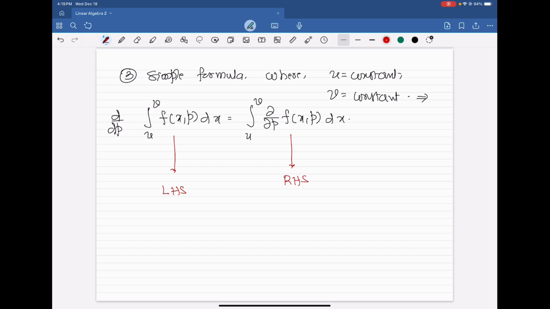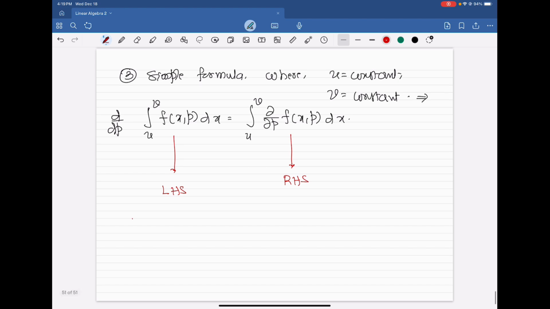The right hand side, partial differentiation of function xp with respect to p is very easy to do. It's not a complicated one. You do that, apply the given limits, and find out the integral. This will be equal to the differentiation of the total integral given.